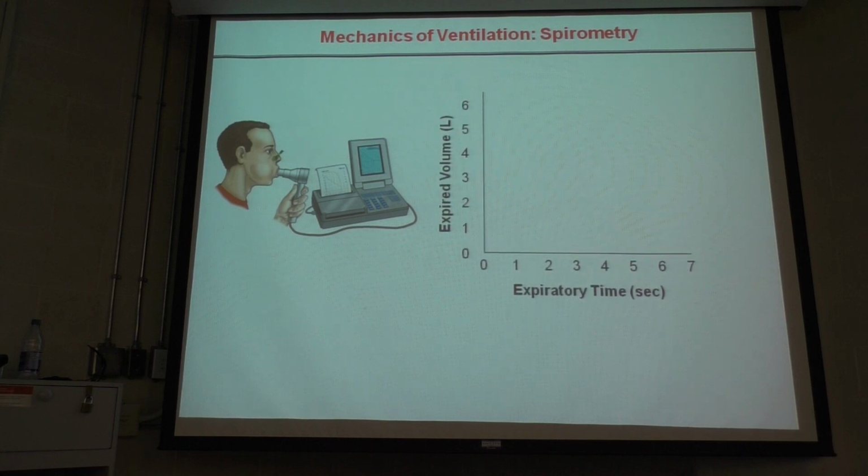So we look at what we call the volume time plot. If we integrate flow over time, we get volume. Okay? So here you can see at 0, 0, this is when your lungs are basically completely full. As soon as your lungs are full, you're at 0, 0, because you're looking at the expired volume in relation to expired time.